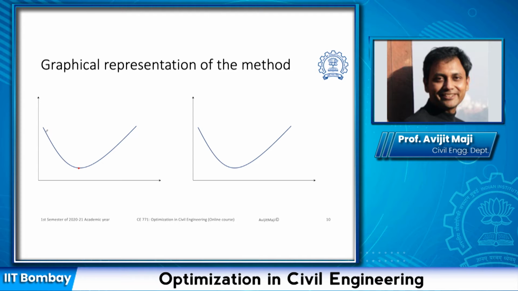Suppose our lower boundary is here, this is my A, and the higher boundary is here, which is B. Initially we start by saying this is x1, we take a step equal to S, and this becomes my x2.